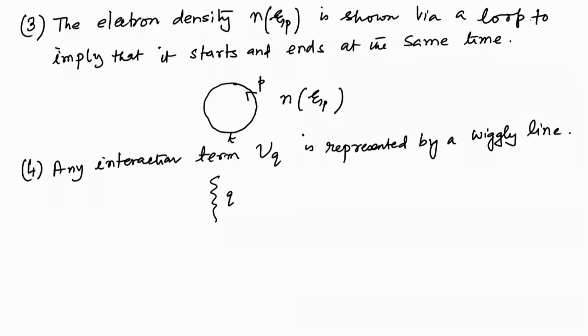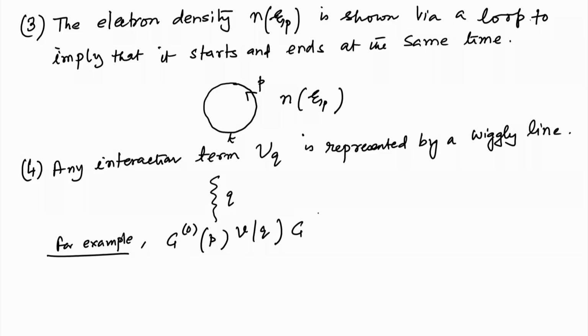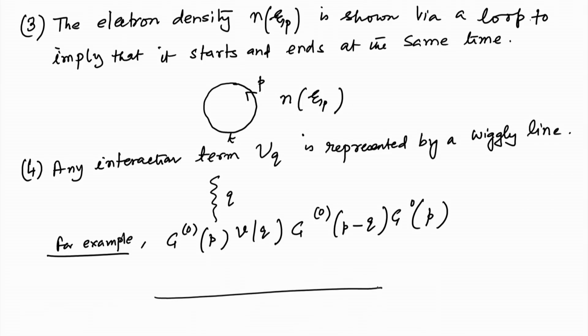So, for example, we can write down one of the terms, a G 0 p, V of q which comes from n int, and there is a G 0 p minus q and a G 0 p, which will be shown as a line, and then there is a wiggly line.